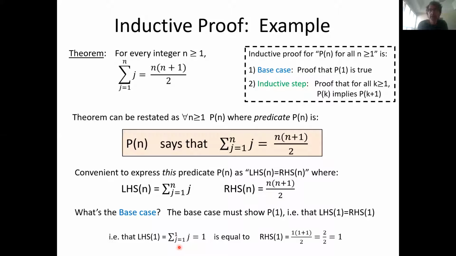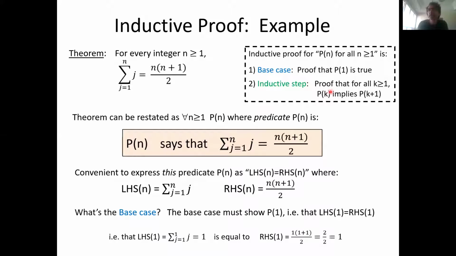It's actually something very simple: it's just 1, because the summation goes from 1 to 1 and is over the same thing as the index of the summation. And what's the right-hand side expression for n equal 1? It's 1 times 1 plus 1 over 2. So that's 2 over 2. That's 1, and you're done. Indeed, you have just proven that the left-hand side for n equal 1 is the same as the right-hand side for n equal 1. Okay, so far so good.